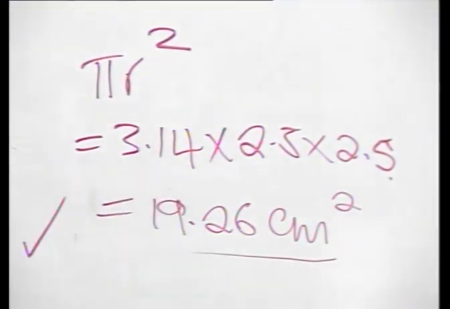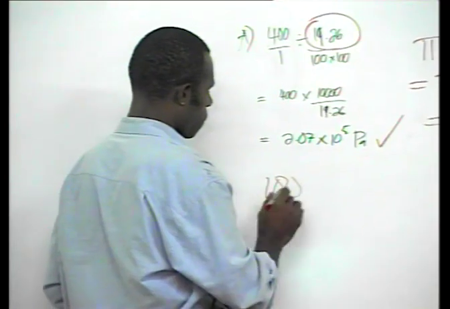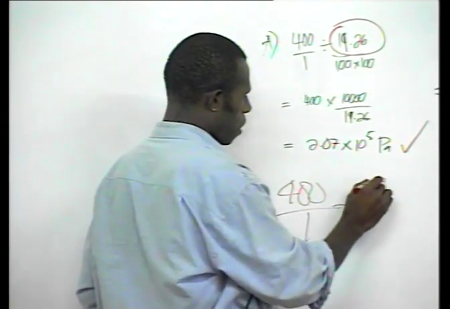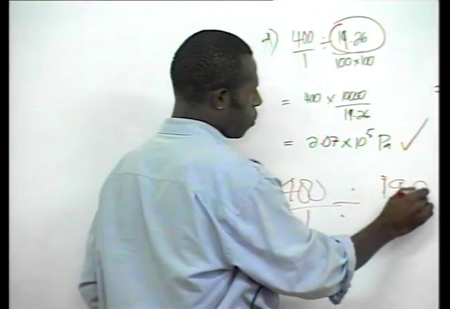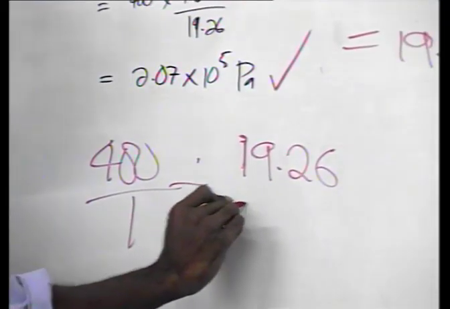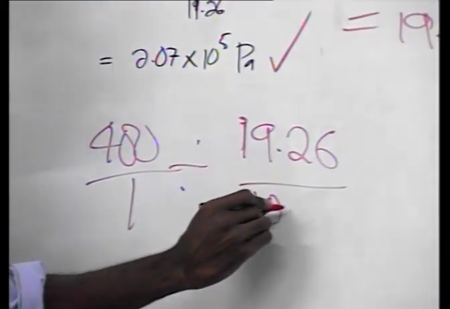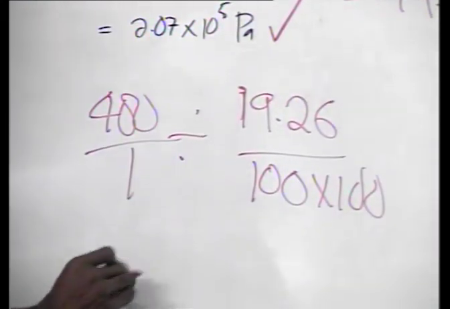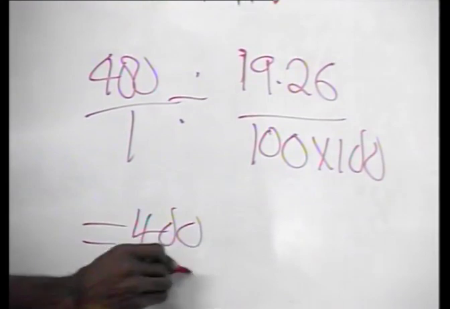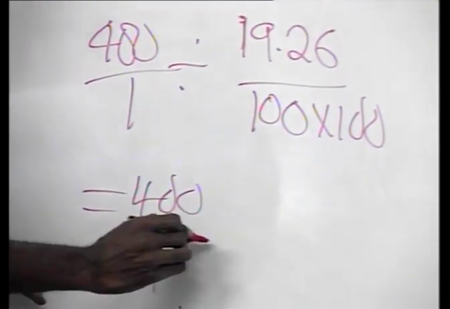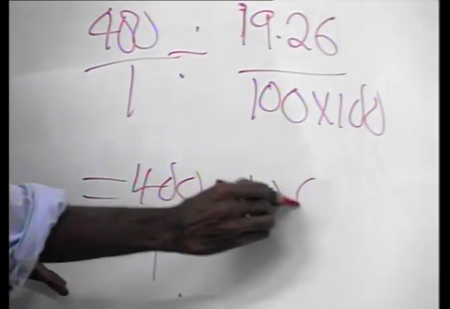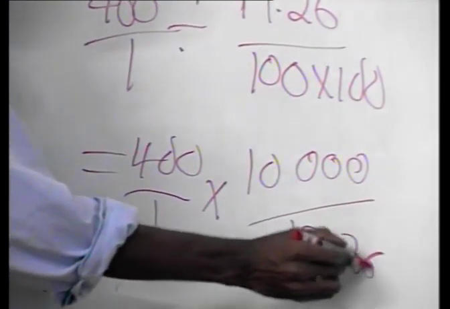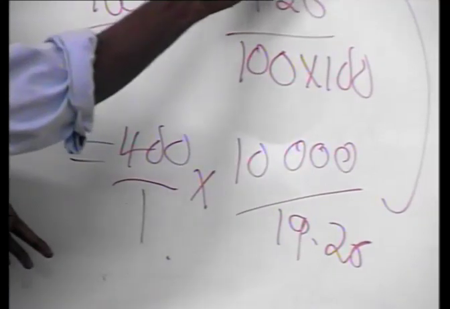Simply, that's 400 over 1 divided by 19.26 over 100 times 100. So you get this answer as 400 over 1 times 10,000 over 19.26, and that gives you this answer over here. Okay.